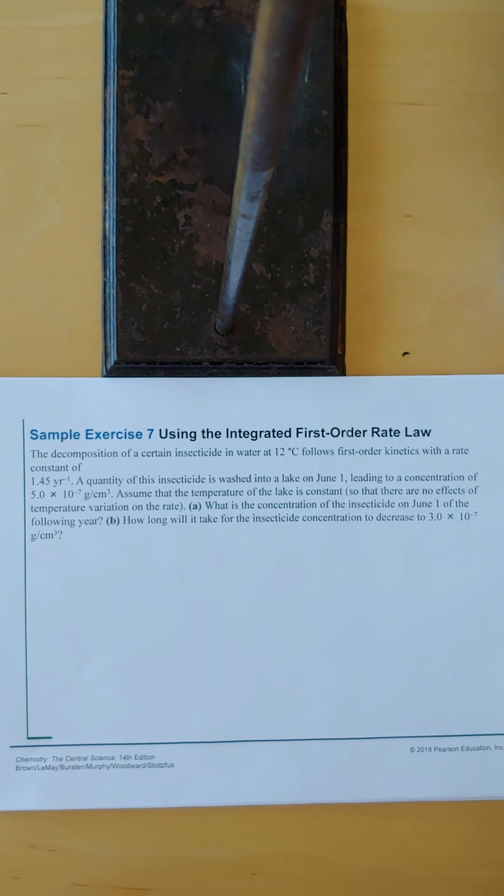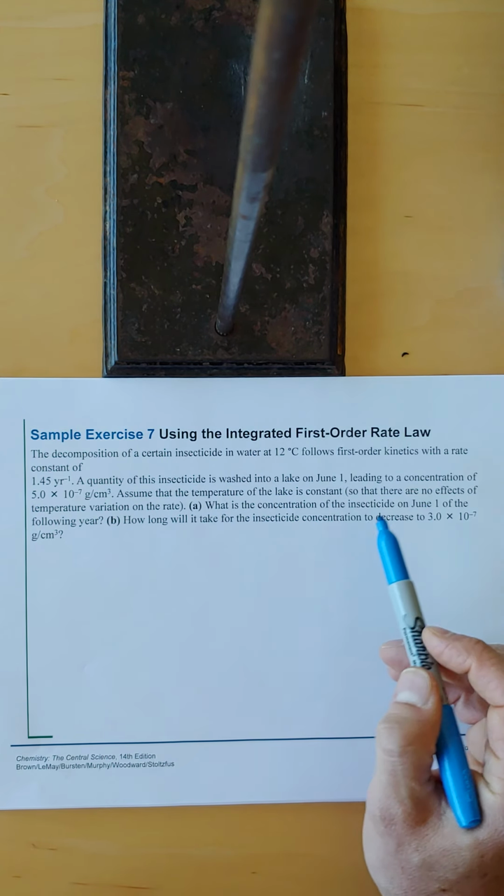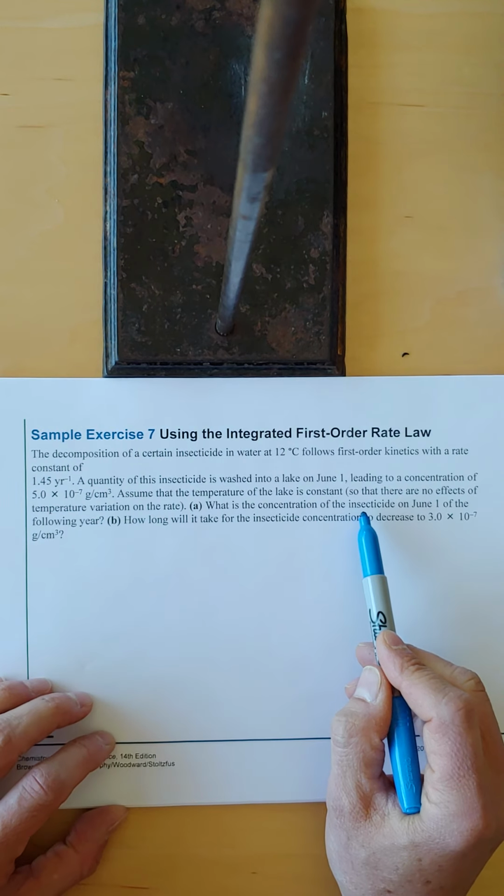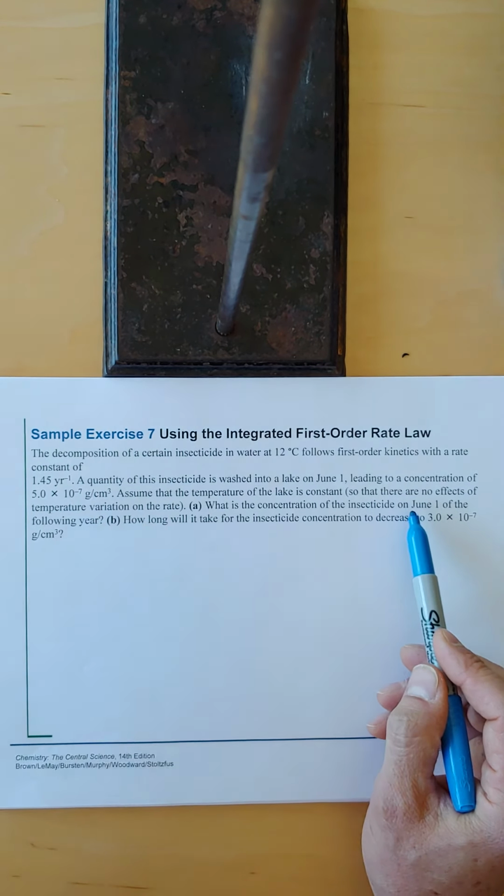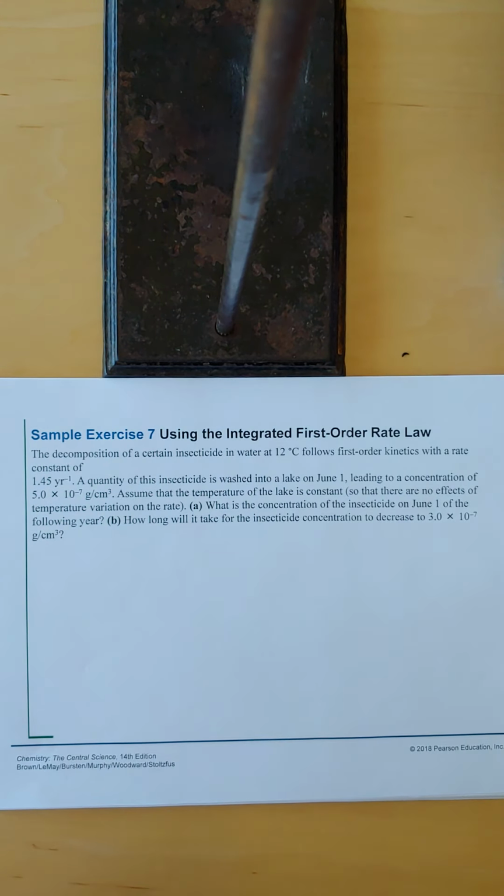There's no variation of temperature, so that isn't going to influence the rate of the reaction. And so what's the concentration of that insecticide on June 1st of the following year? So if we wait 365 days, or 366 days if it happens to be a leap year, but if we wait a full year, what would the concentration be?